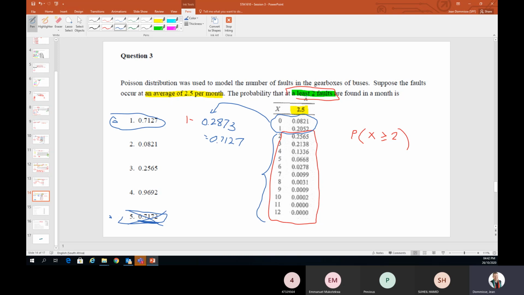So the minimum number of mistakes or faults that can be made is 2, and upwards until however many is possible. If you only had 5 x's, it would have been 2 till 5. Here we have a lot more, so that is why we add so much more. But basically, at least 2 means a minimum of 2 and then more.